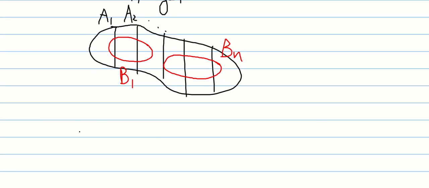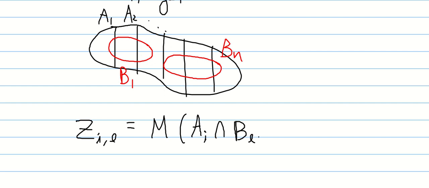So what we do first is define random variables Z_il, which is the number of points that fall inside A_i intersected with B_l. So here i is anything, but l is just going from 1 to n. So it's like we are looking into these pieces here. This piece, this piece, this piece.